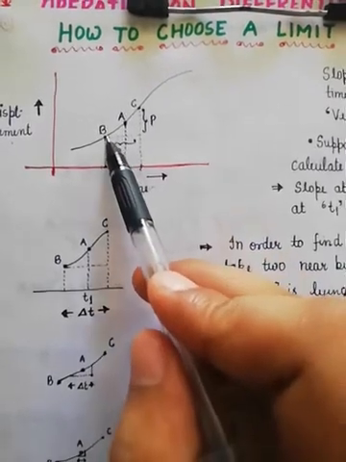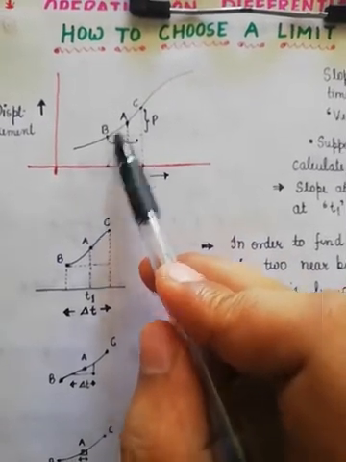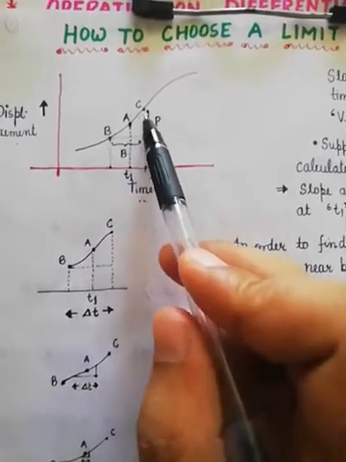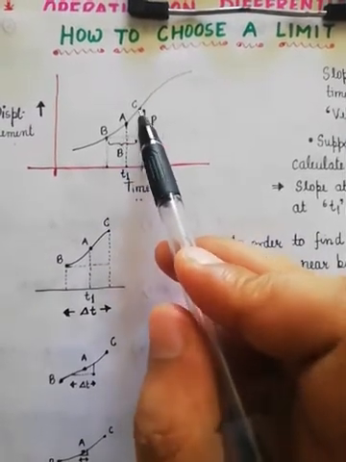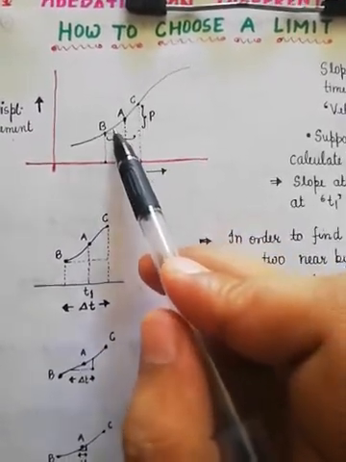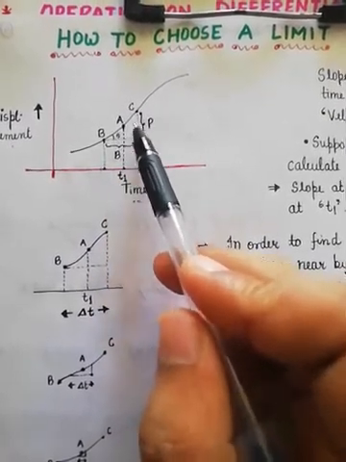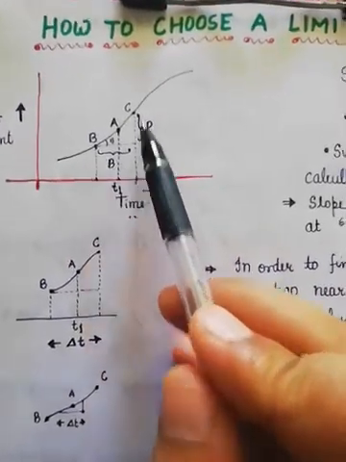Now if I join these 2 points and make a right angle triangle, this is a right angle triangle. Now if I ask you to calculate the slope of this right angle triangle, this is theta. So it is easy to calculate the slope of this right angle triangle.